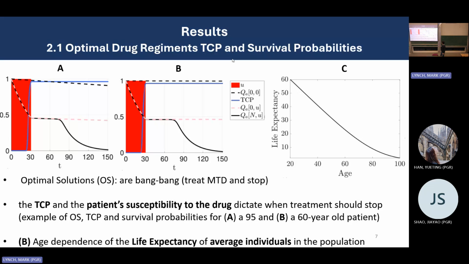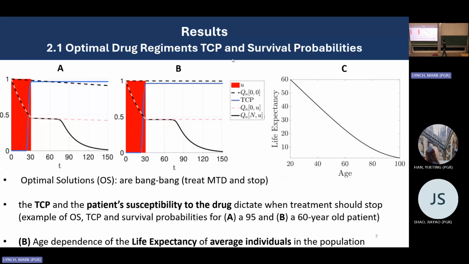The dashed pink line is the survival probability in the case where the tumor gets eliminated. So after the treatment, we can see that it remains constant, at a bit less than 50%. And the continuous black line is the probability of survival if the tumor hasn't been eliminated. And we can see that it decreases with time.